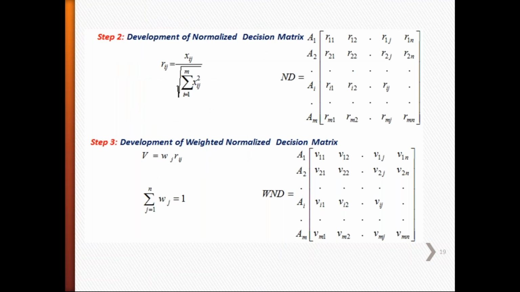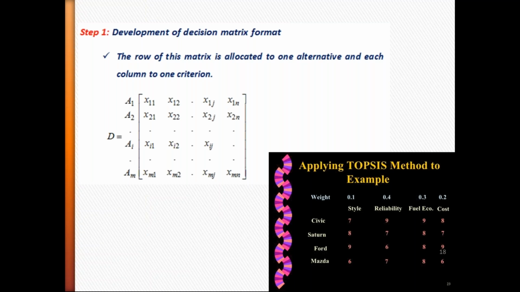So next, development of the normalized decision making matrix. Why is this normalization required? Normalization is required, number one, to eliminate unit effect, and number two, to bring all criteria data values into a common range. In the initial decision making matrix, different criteria correspond to different units, so it was difficult to aggregate.